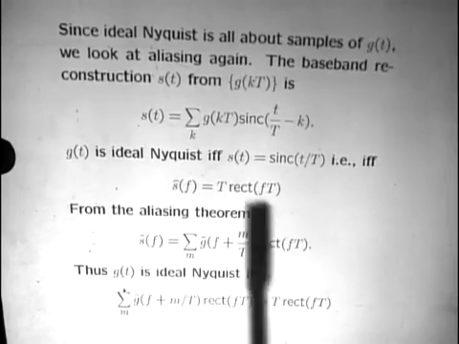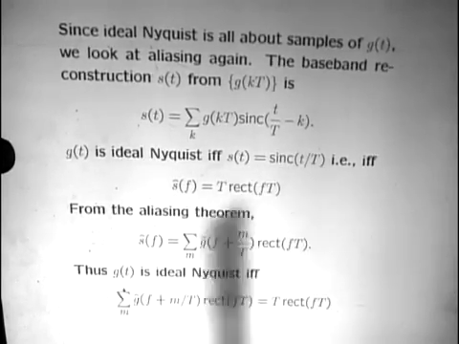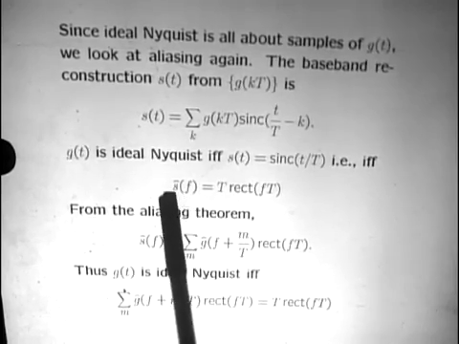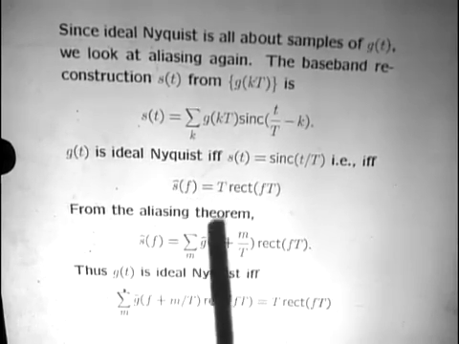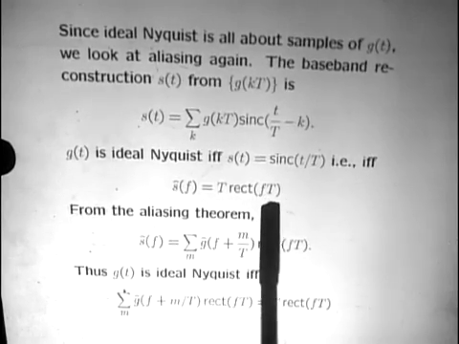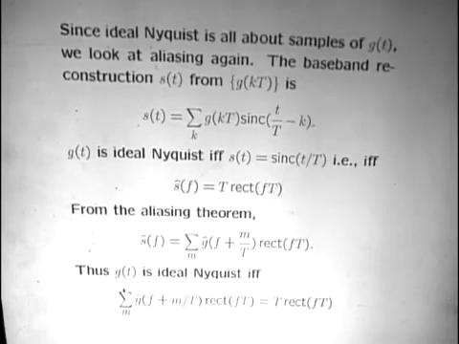If we take the Fourier transform of s(t) equals sinc(t/T), the Fourier transform s~(f) is equal to T times the rectangle function of fT. A sinc function's Fourier transform is a rectangle.